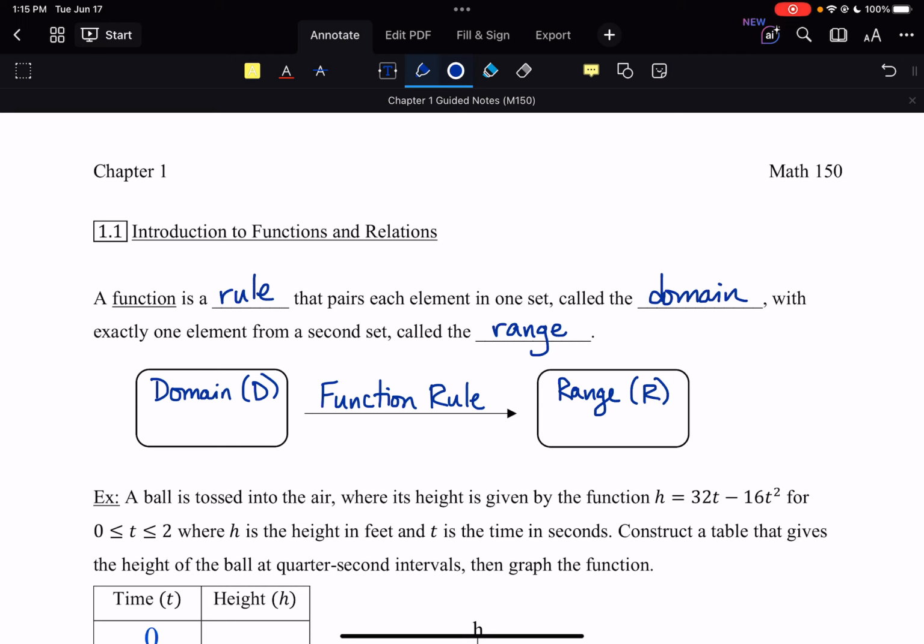Okay, so when we're talking about domain and range in context of the function, the domain is going to be the set of all possible inputs, and the range is the set of all possible outputs.